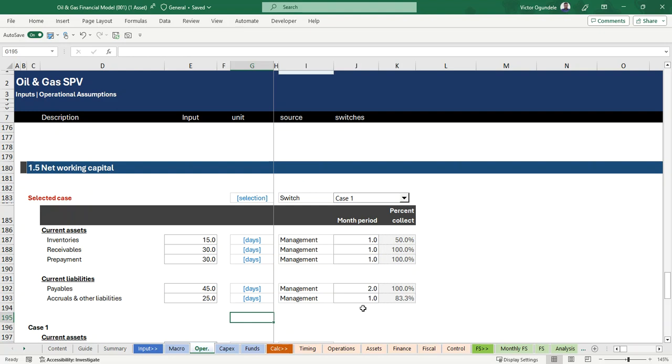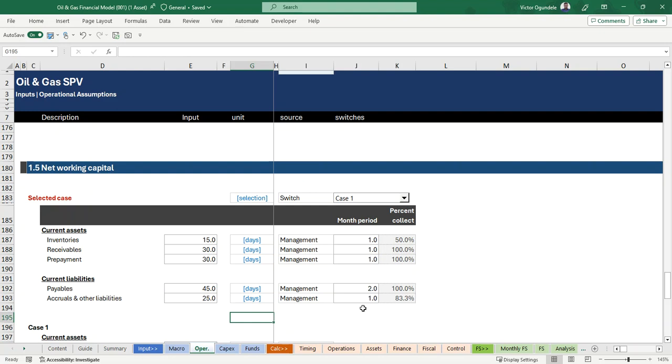The offtakers say, you know what, you give us this production, by the time you start your production, you supply it to us. We buy it from you, but based on our terms and our company cash cycle management policy, we pay you in so many days. As such, you need to be able to incorporate that into your model.